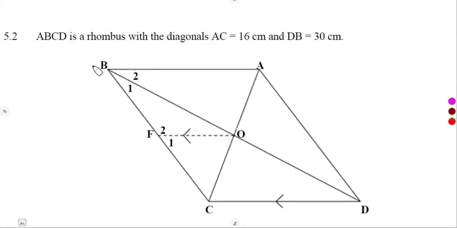5.2, we are given a rhombus that we are seeing here, and we have the diagonal AC, which is 16, and BD is 30 centimeters. Remember the properties of a rhombus.